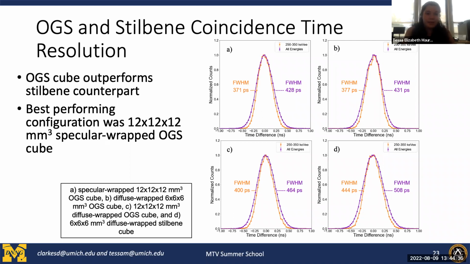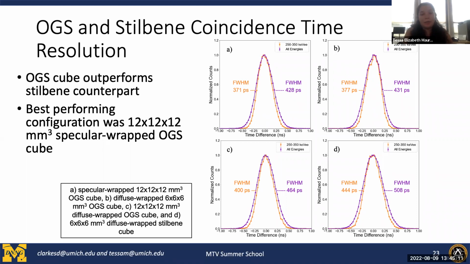And so a little bit of background on what this coincidence time resolution experiment entailed and how to read these diagrams here. So to do this, every time we wanted to test a specific configuration, we had to do them in pairs. So say, for instance, we were looking at a 6 by 6 by 6 millimeter cubed diffuse wrapped OGS cube. We'd have to take that cube and then another cube of the same material, dimensions, and wrapping, and couple those to two PMTs.